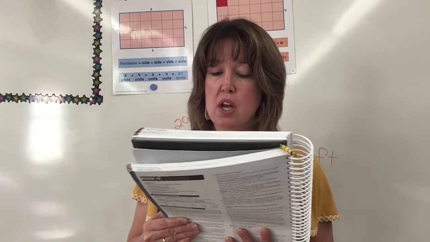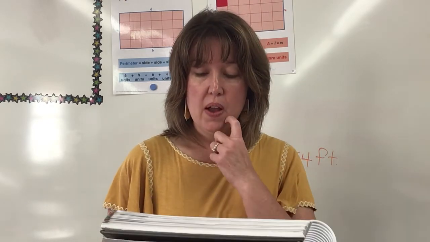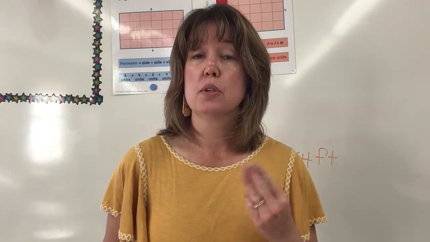Let's read all the directions, okay? Cross out the figure that is not a polygon. And then we're going to cross out the figures that have 4 right angles. And then you're gonna cross out any quadrilaterals. And then you're gonna name the remaining shapes. So I'll give you a hint. There's only 3 shapes that you're not going to cross out.